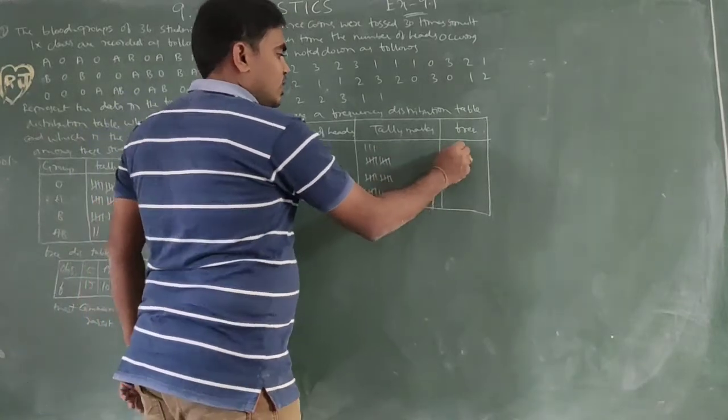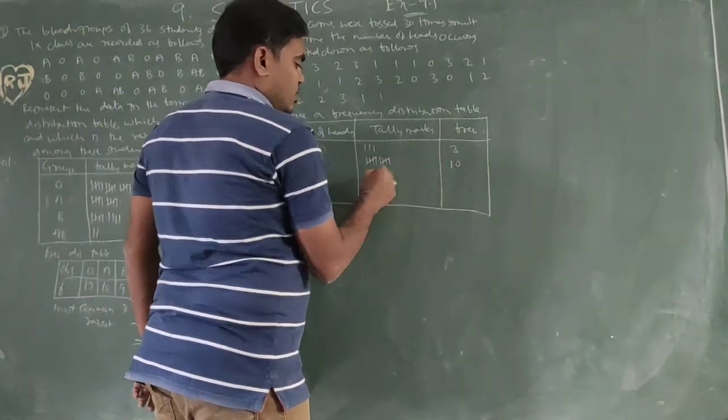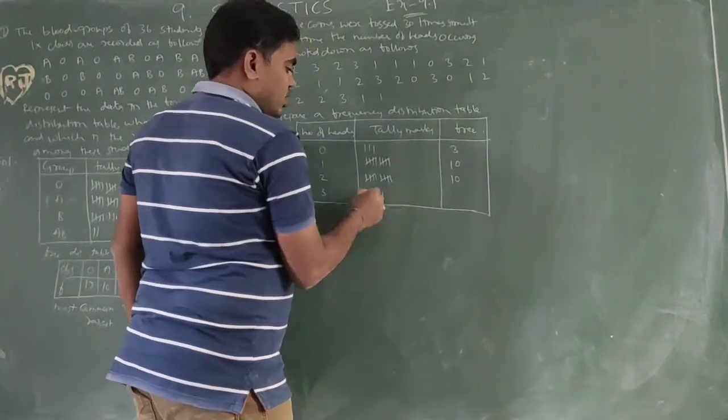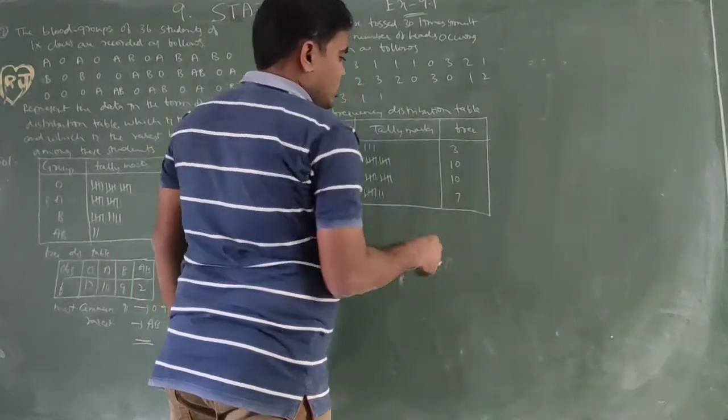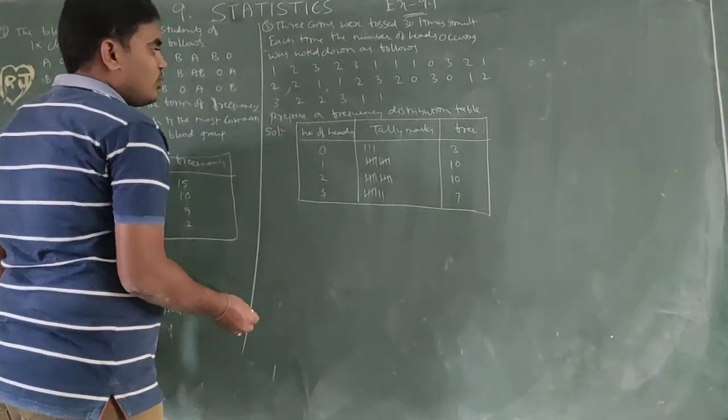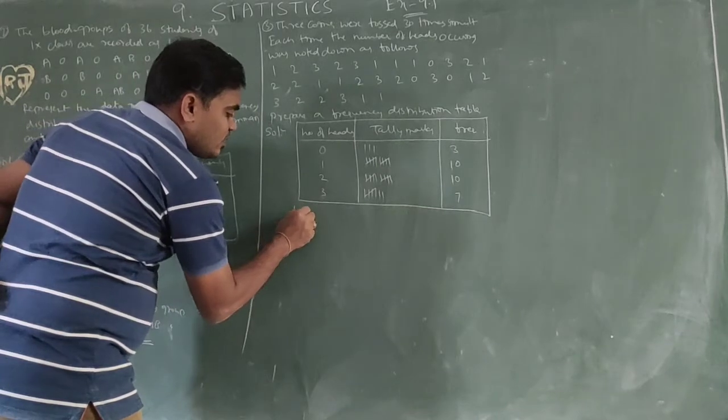So how many? 3, 10. This is also 10. Next this is 5 plus 2, 7. So 30.